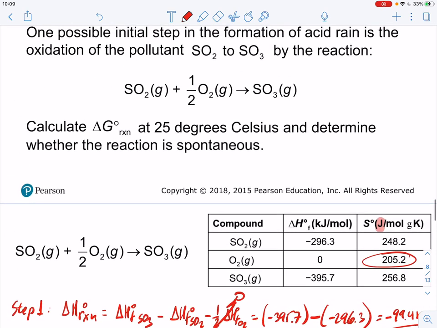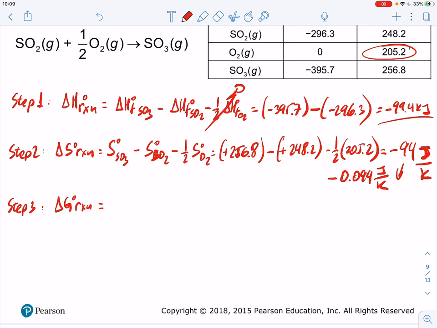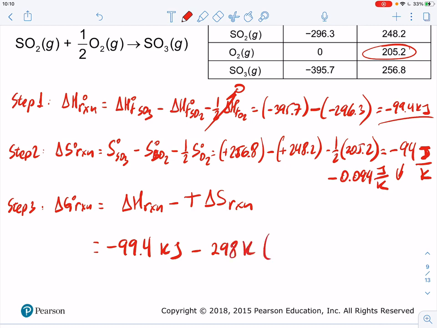Okay, the temperature is 25 degrees, which is 298 Kelvin. Therefore, delta G of reaction, which is delta H of reaction minus T delta S of reaction, is going to be equal to minus 99.4 kilojoules minus 298 Kelvin times minus 0.094 kilojoules per Kelvin.